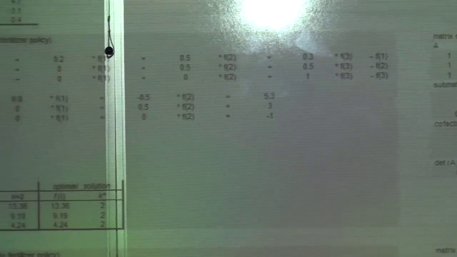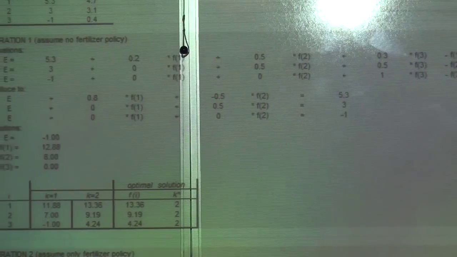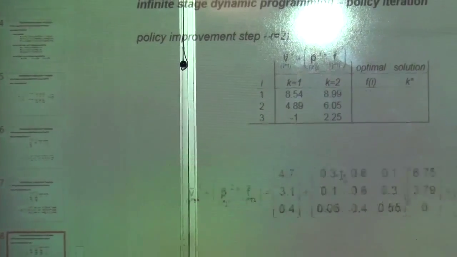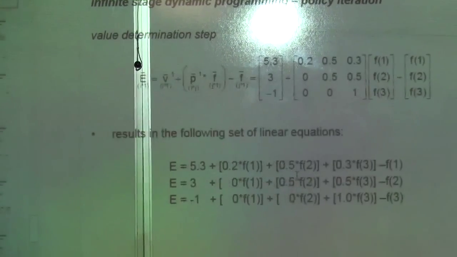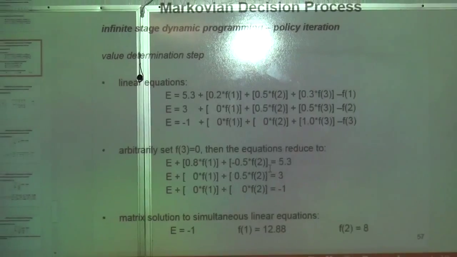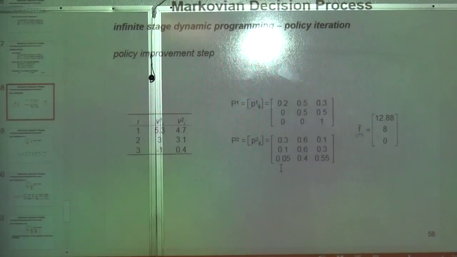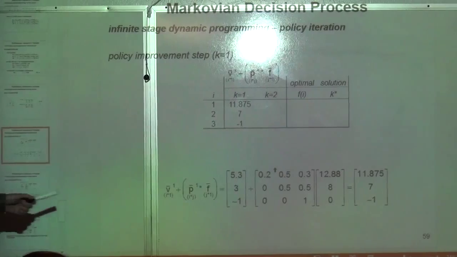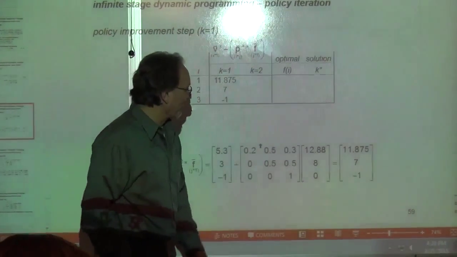Now, once we've gotten those solutions, you can go back to your value determination, your policy improvement step, because now we've got the 12.88 here for the F matrix and 8 and 0.